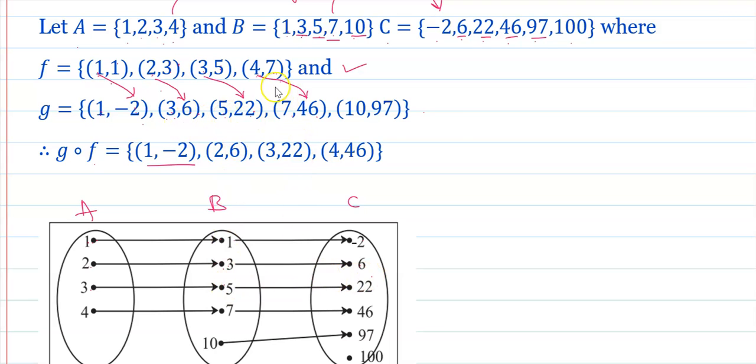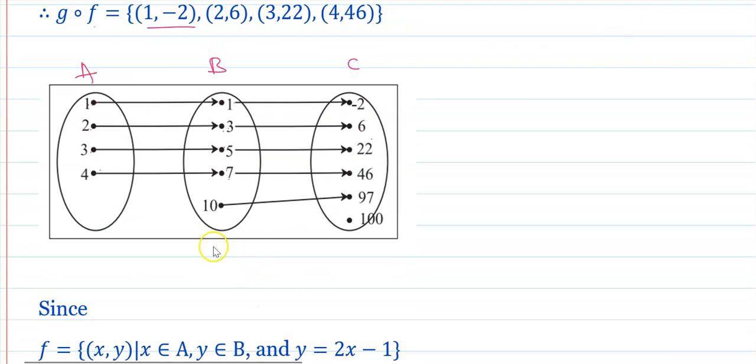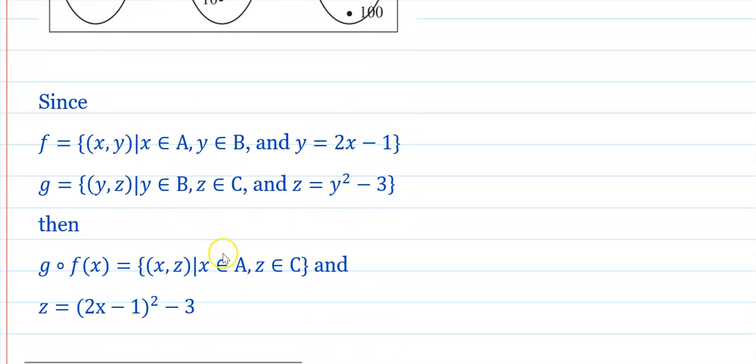Next, the image of 4 is 7, and the image of 7 is 46. And the final result: the image of 4 is 46, the image of 3 is 22, the image of 2 is 6, and the image of 1 is -2, in this way.